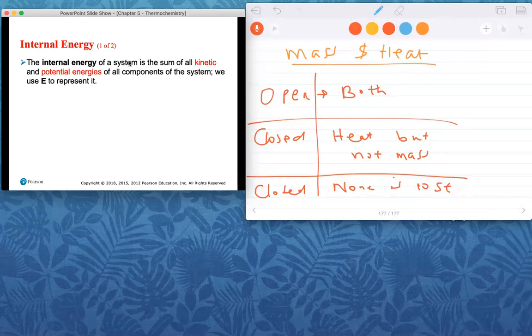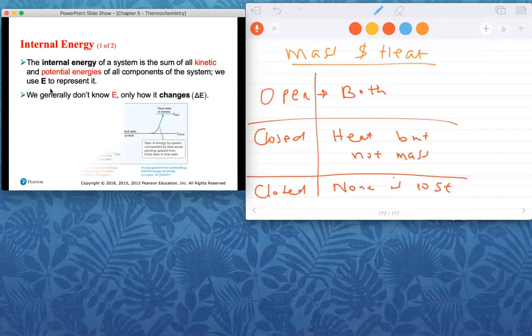So the internal energy of the system is the sum of kinetic energy and potential energy, which I know we talked about before. We represent this using E. You will see E down the line. We call that the internal energy of the system.